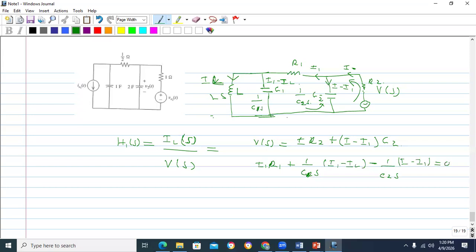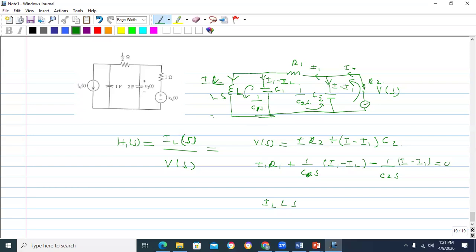This is another equation. Another equation you can write in this loop. The voltage across the inductor in the S domain is IL LS. And the current is flowing in this direction, I1 minus IL.